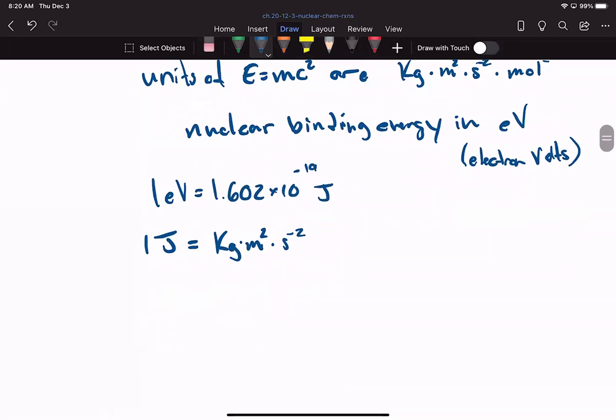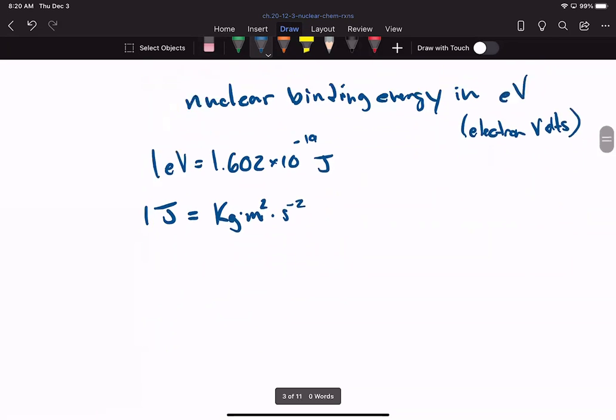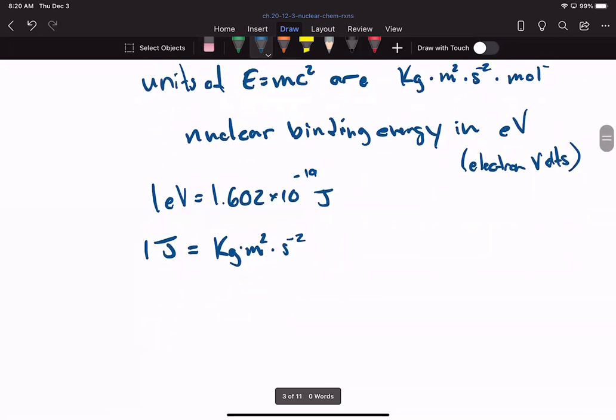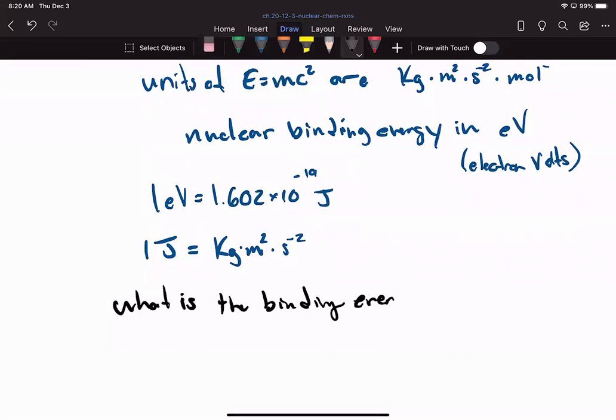So let's try and calculate this out. This is probably going to be a long workup because there is some other information needed in order to answer this type of question about binding energy. So I'll pose the question here: what is the binding energy of one nucleus of this here?